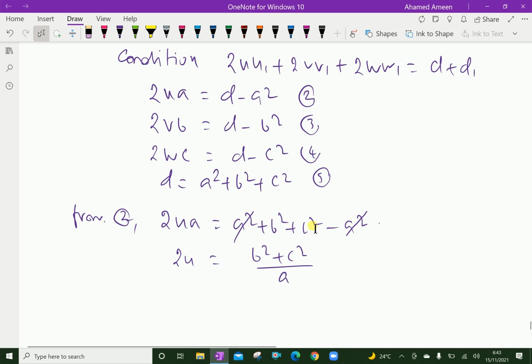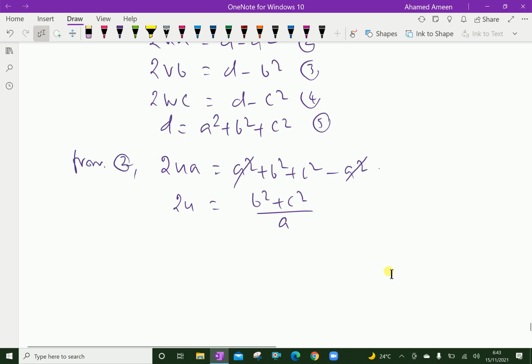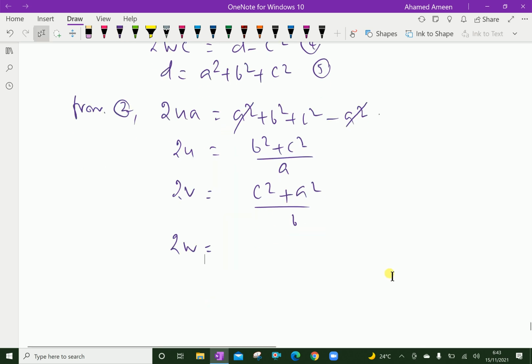Substituting d as a square plus b square plus c square, we get 2v equal to c square plus a square over b, and 2w equal to a square plus b square over c.